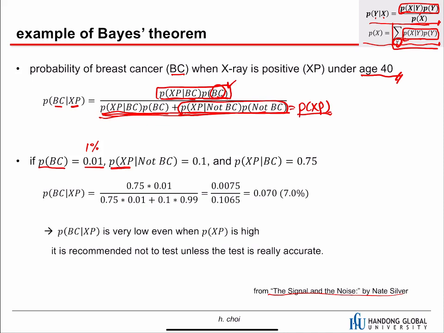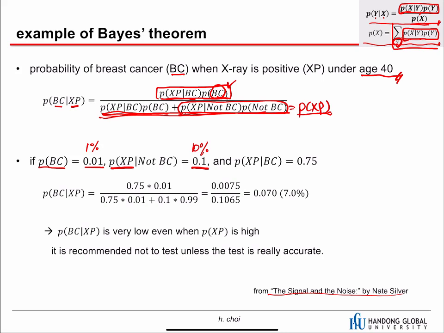And the probability that X-ray is positive, even when you don't have breast cancer, is 0.1, which is 10%. So we have 10% error in X-ray.